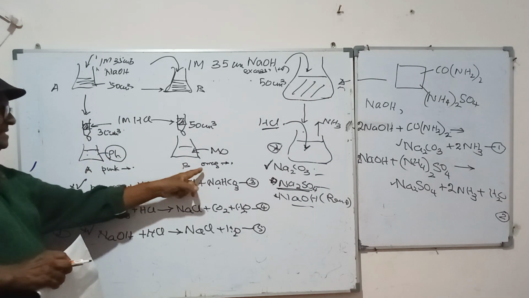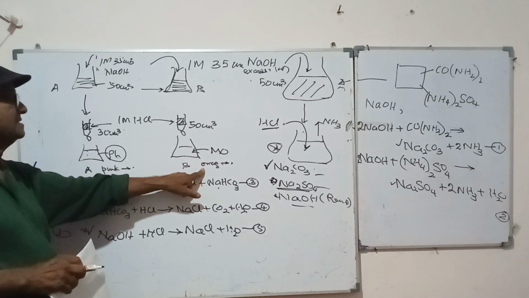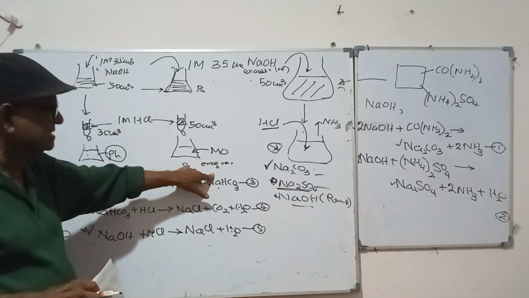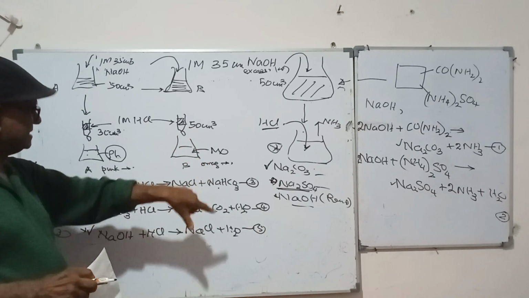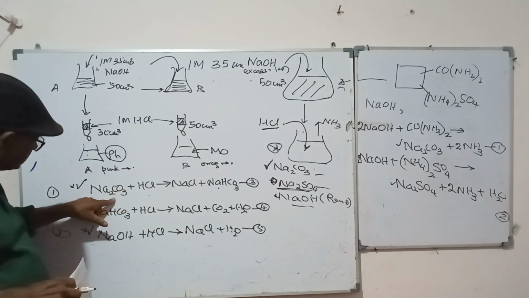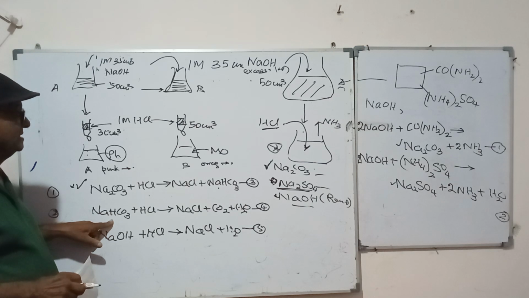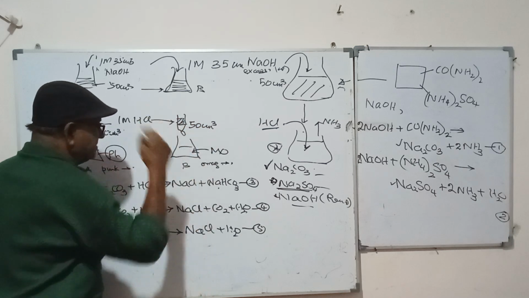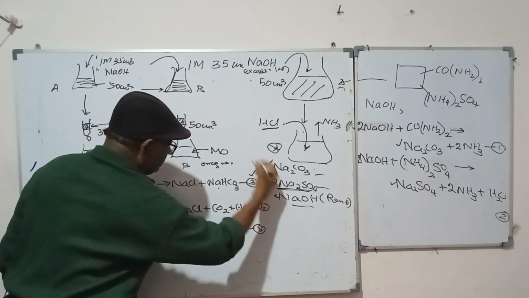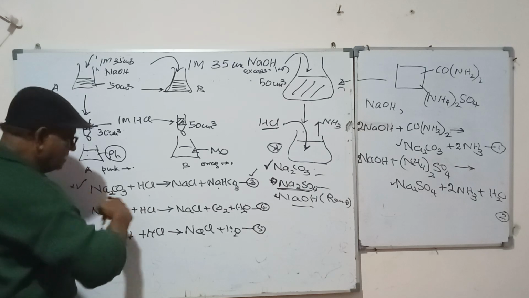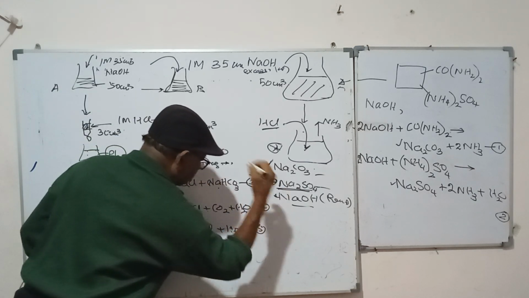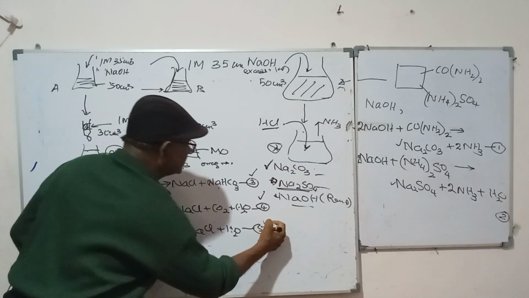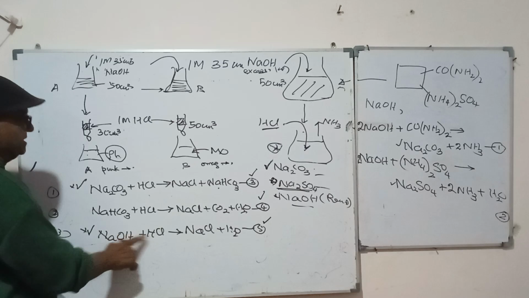But in this titration, the indicator is methyl orange. When the color changes, we know that both steps are completed. Then it is clear that in the second titration the third reaction occurs, and the second step also occurs. This is common to all, because it is an acid-base reaction.